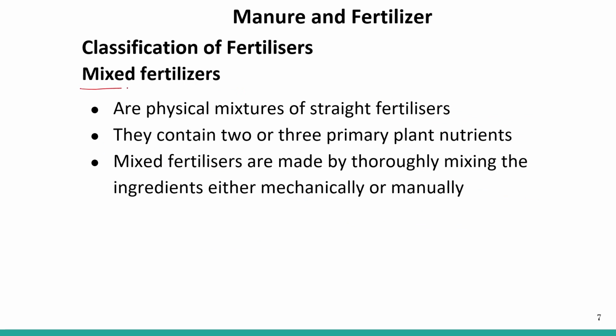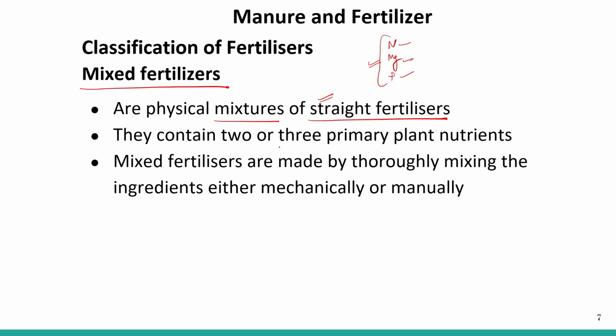Mixed fertilizer, the third type, are the physical mixtures of straight fertilizers. So we can have different types of straight fertilizers, right? The one that contains nitrogen, the one that contains magnesium, or the one that contains phosphorus, right? So if we mix these, then that particular fertilizer will have all the three important nutrients, right?